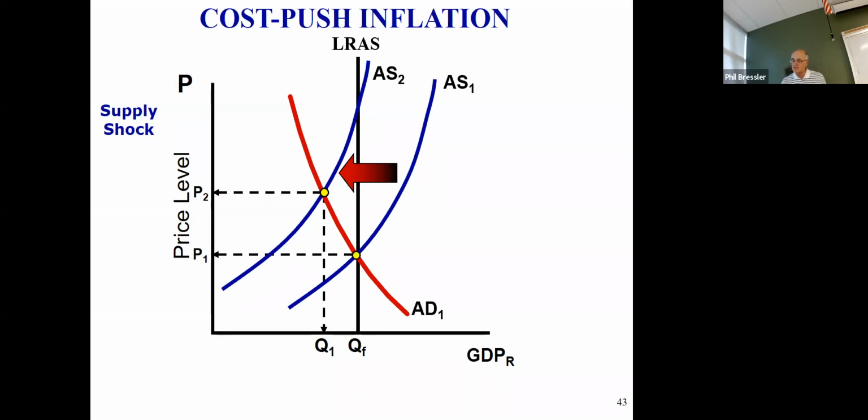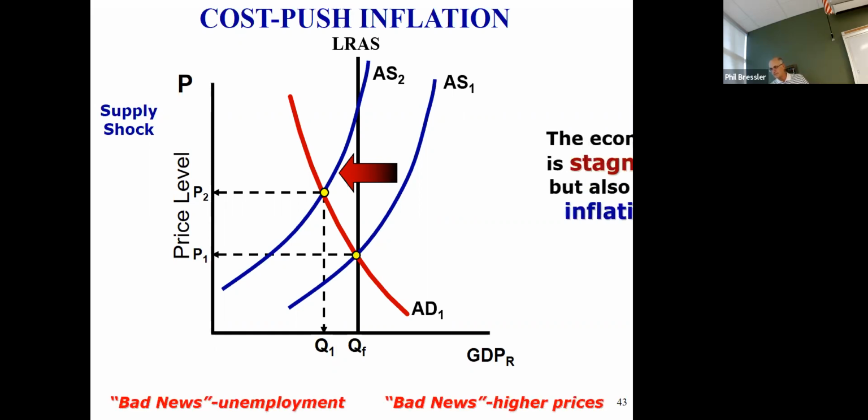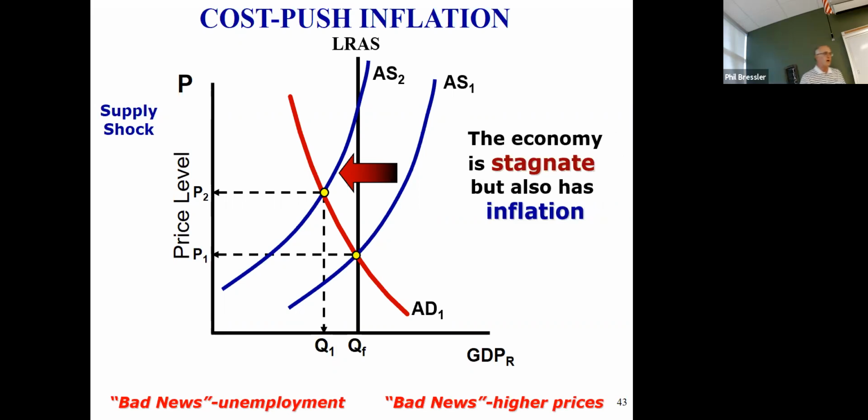So stag is stagnation of production, and in stagflation, higher prices. This is one that they always ask questions on, so I would take note of it. It's a negative supply shock, a leftward aggregate supply shift. And there you have your stagflation.